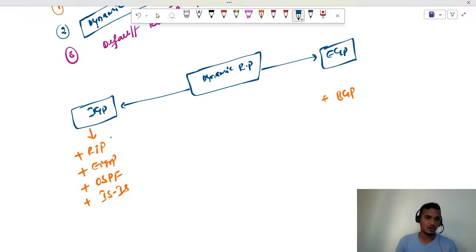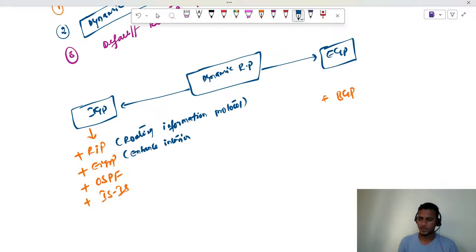RIP stands for Routing Information Protocol. EIGRP stands for Enhanced Interior Gateway Routing Protocol.